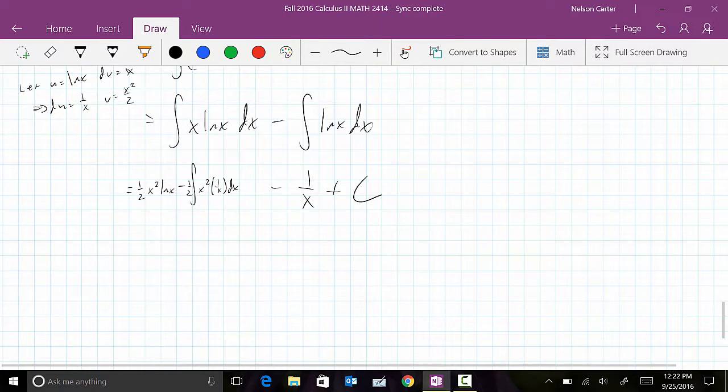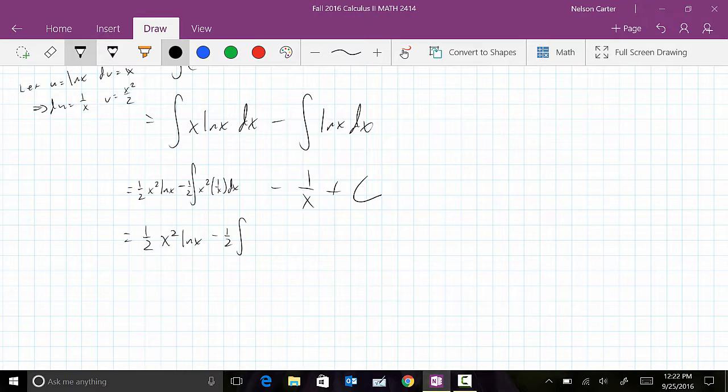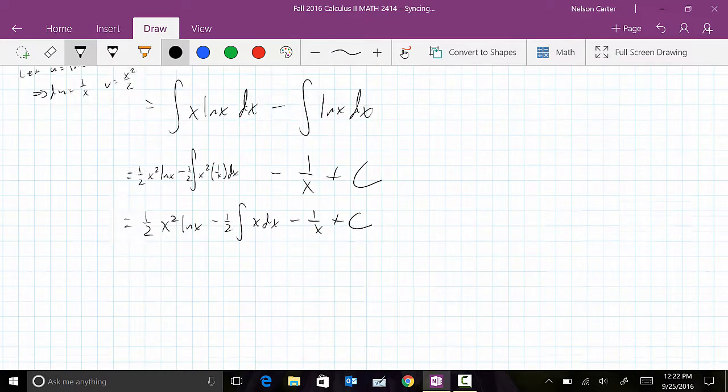Okay, so now we've got this 1/2 x squared ln of x minus 1/2 the integral of, well, x squared divided by x is just x, and then minus this 1 over x plus a constant.